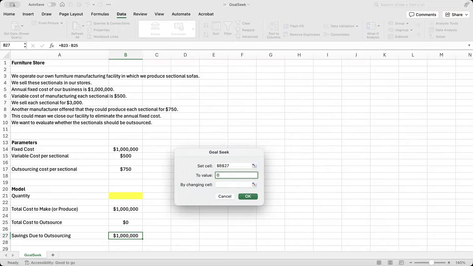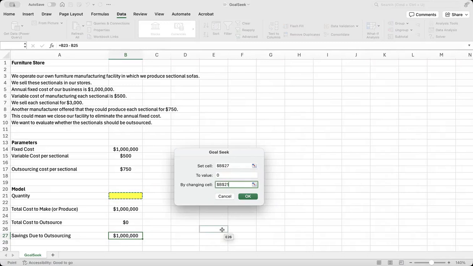So let me tell you what I am really doing here. Because I am trying to find the quantity at which the savings due to outsourcing is 0, we can say that we want the savings due to outsourcing, which is in B27, to be equal to 0. Okay, so set B27 to 0 by changing which cell or what parameter, what variable.